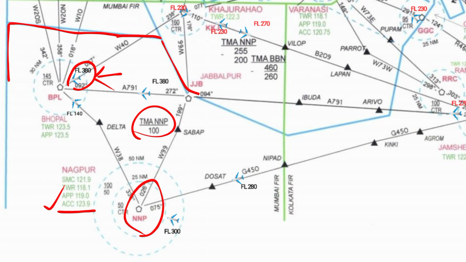Now the question is for the next topic. How does the voice of an aircraft flying at 38,000 feet reach up to Nagpur using this frequency? This is the question.